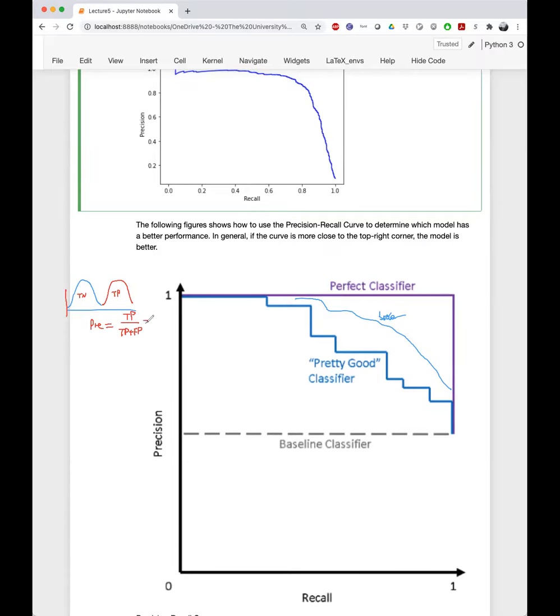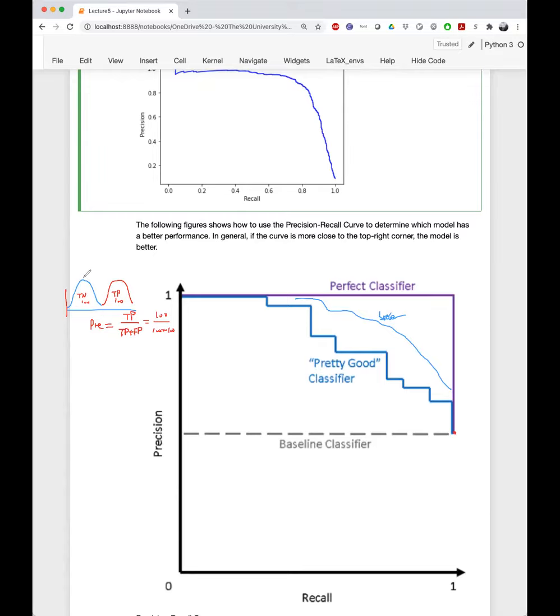So true positive in this case is 100. Suppose the area under this curve is 100, it's also 100. Then we have 100 plus 100, so it's 200, and precision is 0.5. So it gets this point here.